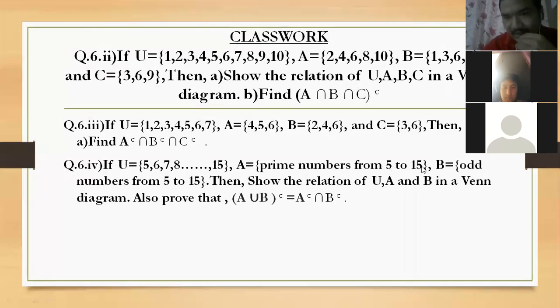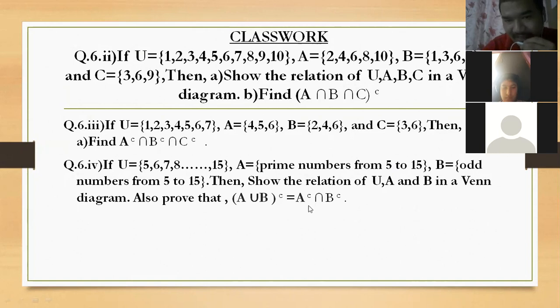Then another one, odd numbers from 5 to 15. From 5 to 15, select odd numbers. Then you have to show them in a Venn diagram. Then after showing in the Venn diagram, we have to show this proof. Proof means what? The left hand side is separate: find out A union B complement.